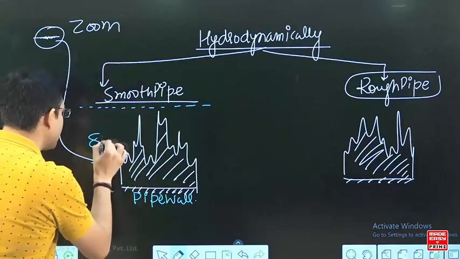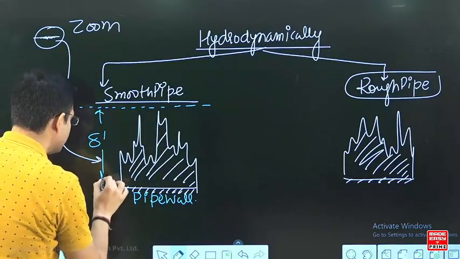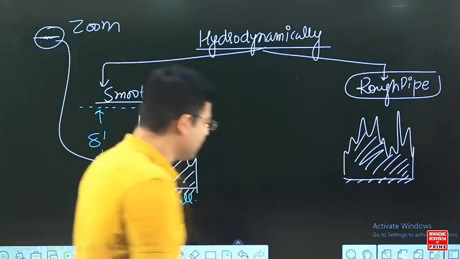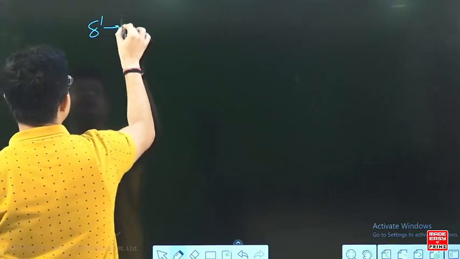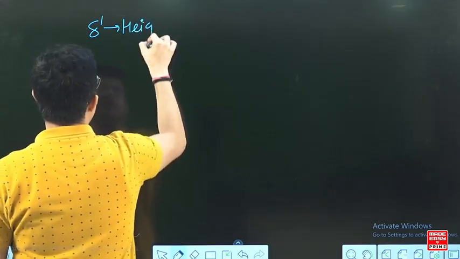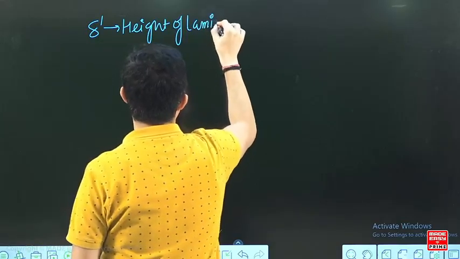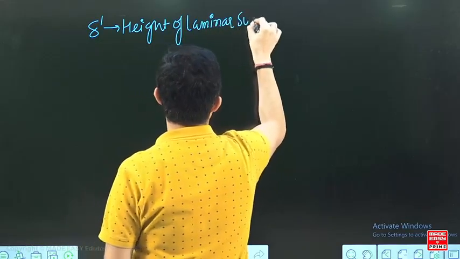The height of that layer is shown by the symbol delta dash. Now what is delta dash?